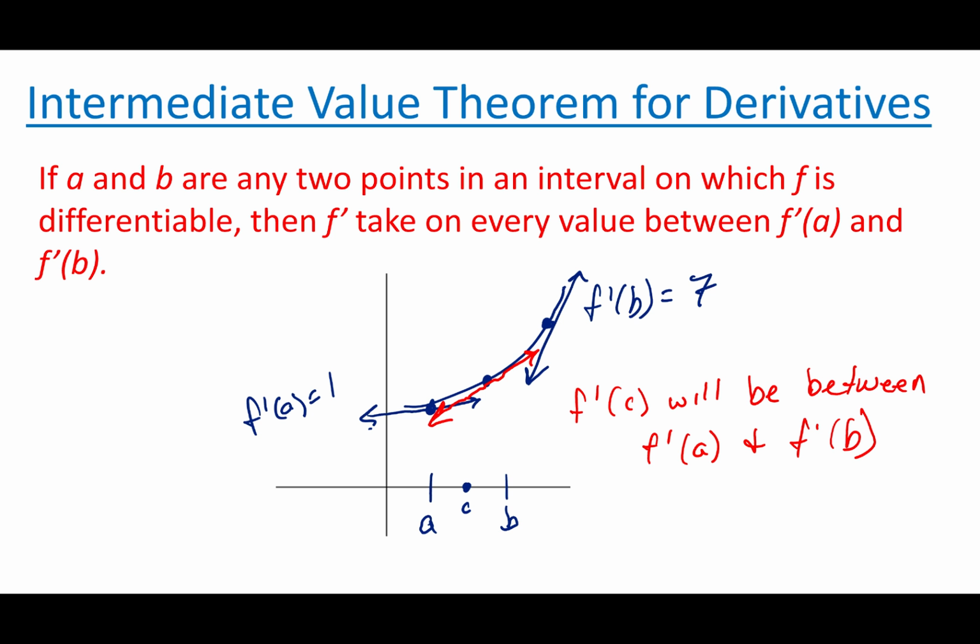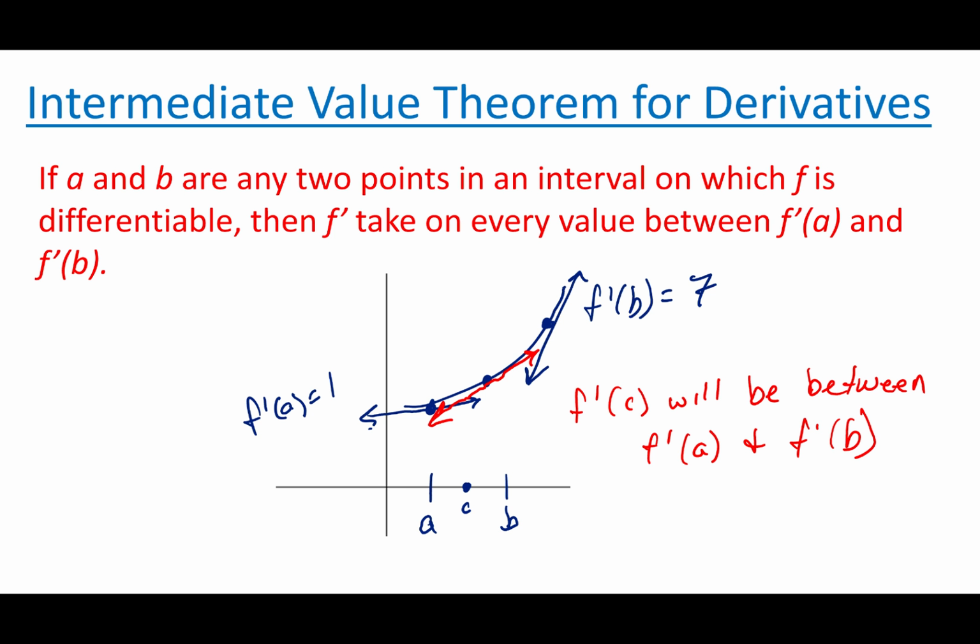It might be closer to like 4, as an approximation. It's not going to be 8, and it's not going to be 0, but it's going to take on some value in between those two numbers.